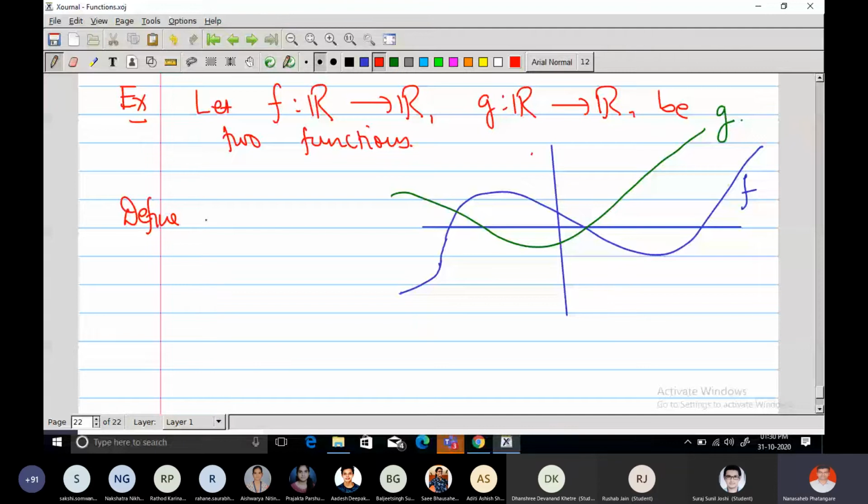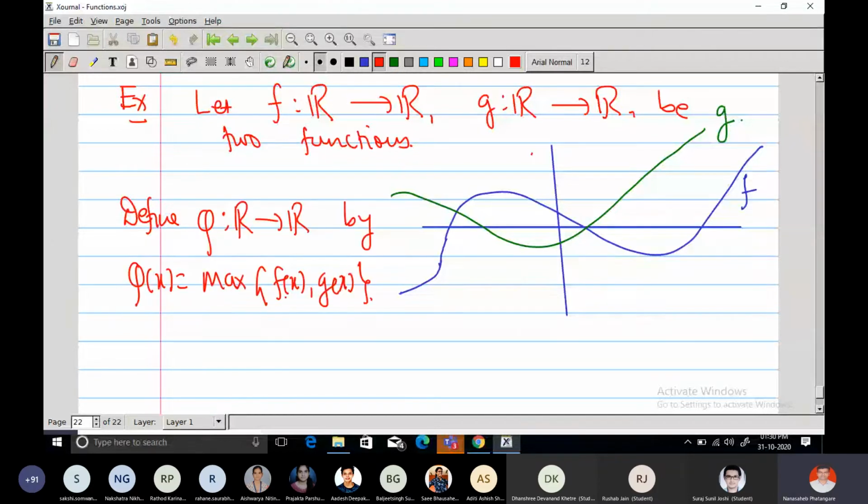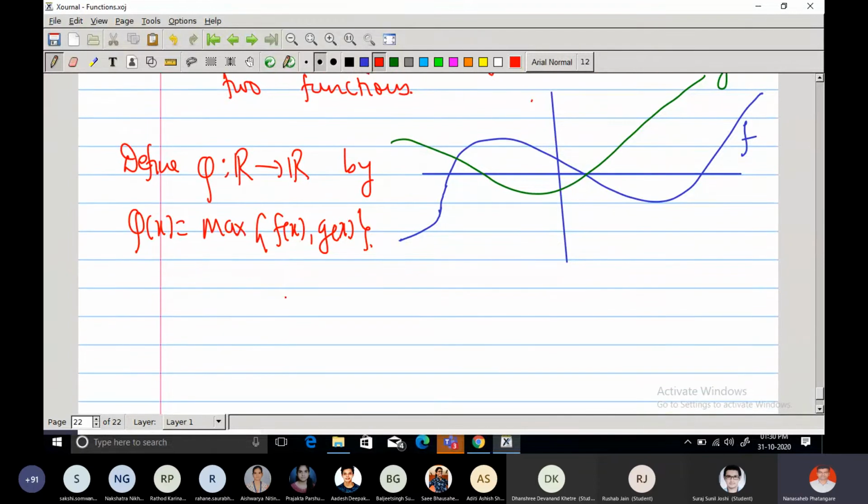So is this function well defined? Well defined means what? Does it satisfy the definition of a function? How am I defining this function? I want to define it everywhere, but at this particular x, what is phi of x? g of x, because whichever is the maximum, f of x or g of x.